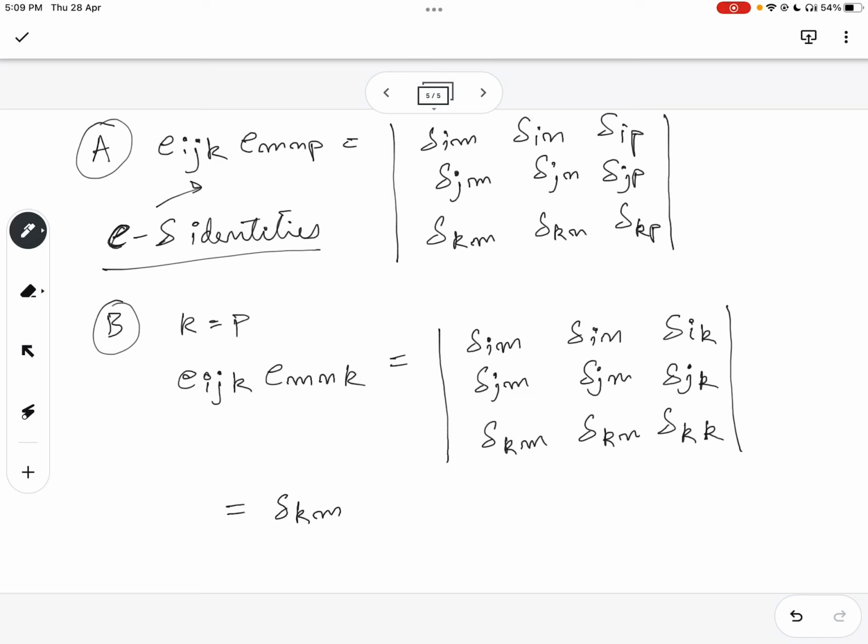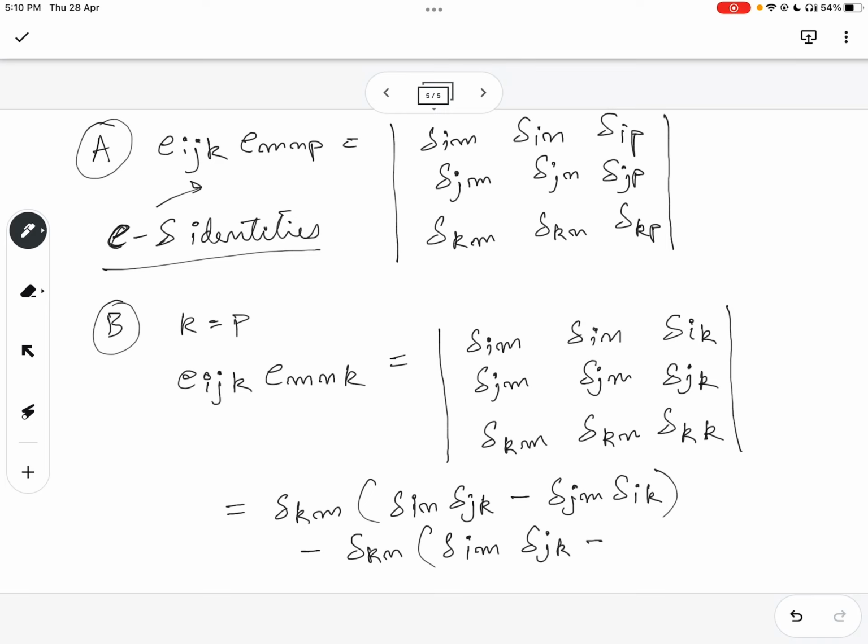So delta km, delta in, delta jk minus delta jn, delta ik, minus delta kn, delta im, delta jk minus delta jm, delta ik, plus delta kk, delta im, delta jn minus delta jm, delta in.